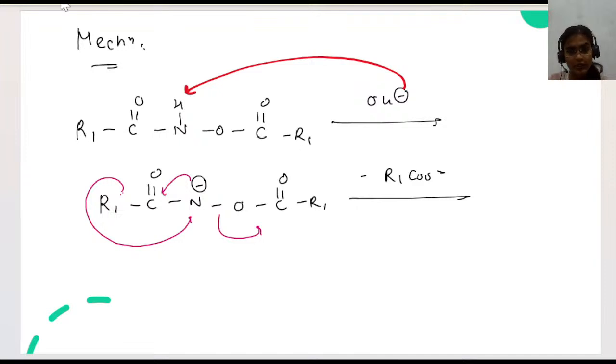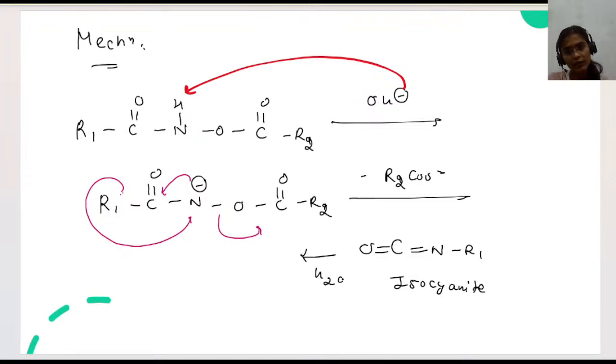I'm sorry, it's the R2. And again, what we are getting, ditto, same thing: C double bond N, and this is R1. Same isocyanate. Next step, hydrolysis. Add water one more time.